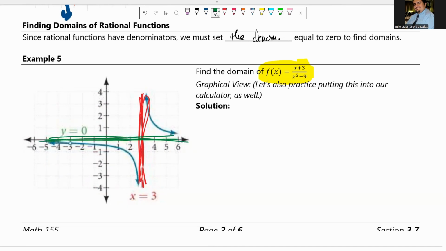But what I want to do now is factor this: x plus 3 over x plus 3, x minus 3. So what I'm saying is that the bottom is actually equal to that. Try it, FOIL it, you'll see I'm right. So what the heck happened?